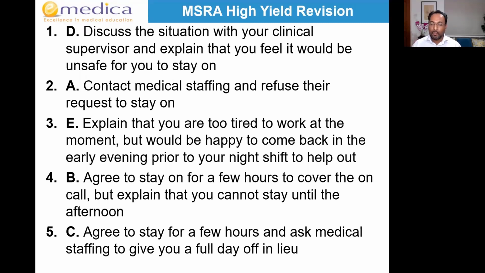This is inappropriate, because you can say no, but you might feel it difficult for you to change the system. So what this does is it both thinks about your safety, you know your limits, that's part of coping with pressure, but it also deals with that if you see something inappropriate, they've asked you to stay on, you're challenging that. If you're only going to do one thing, this is the most complete response. It shows positives for multiple of the options.